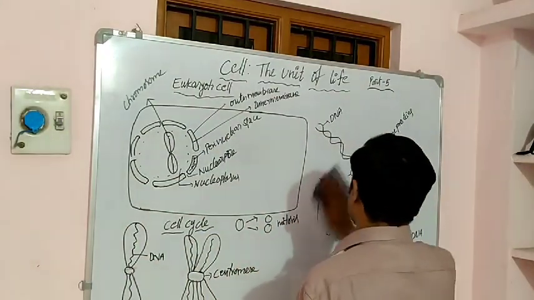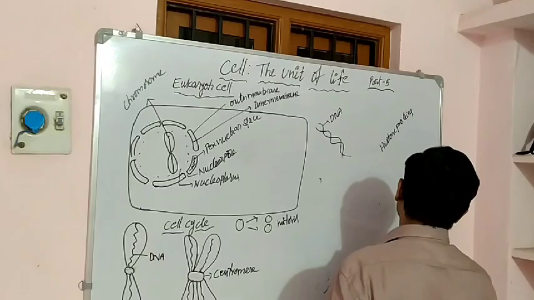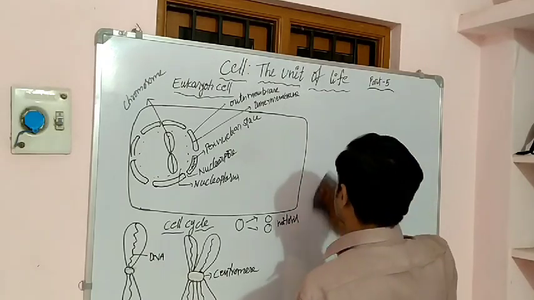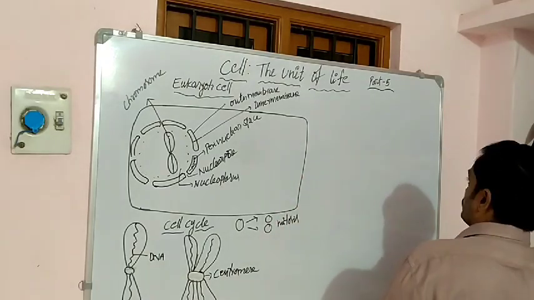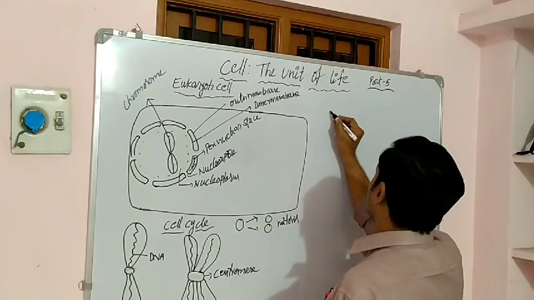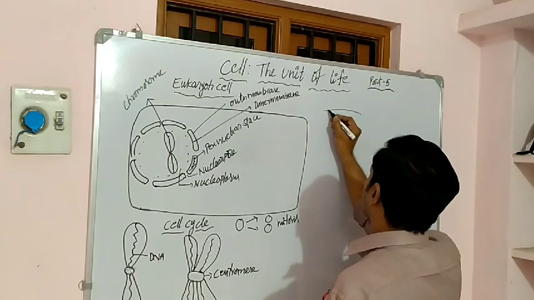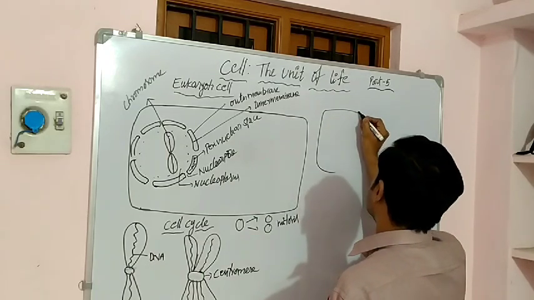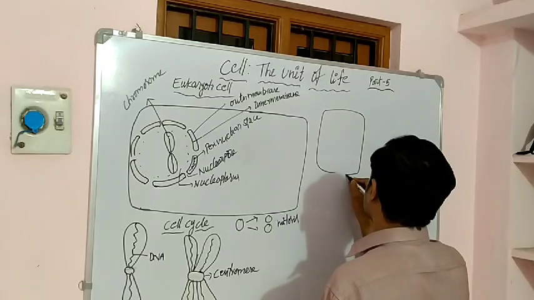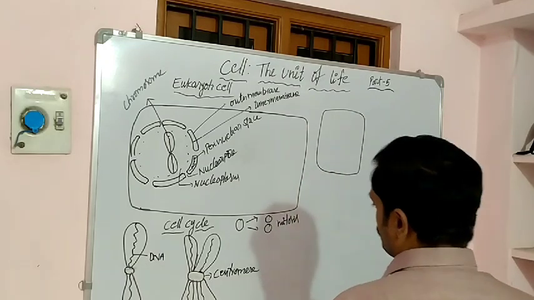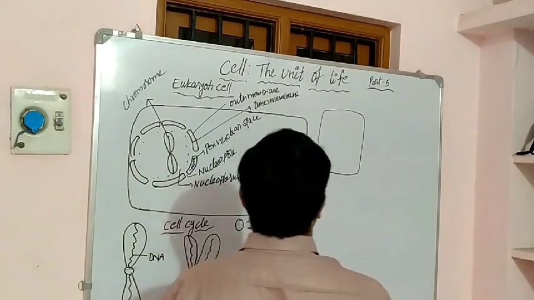See, for suppose I will take one cell which is involved in cell division. So this is one cell.